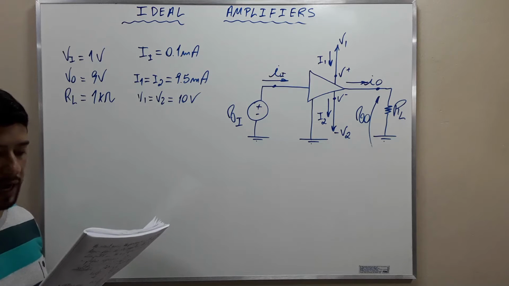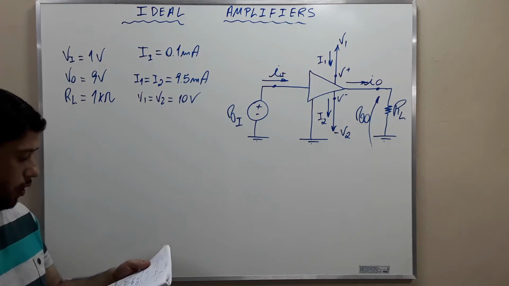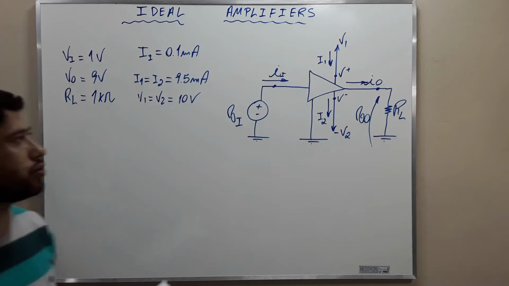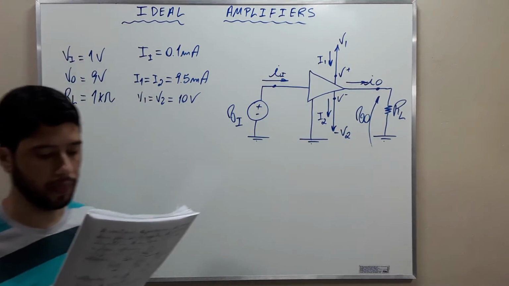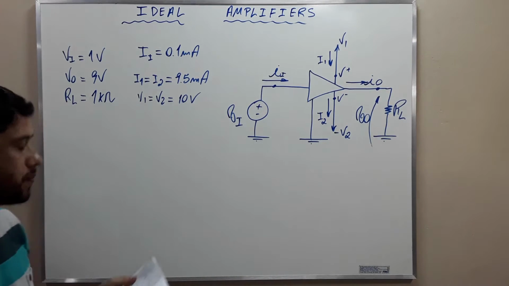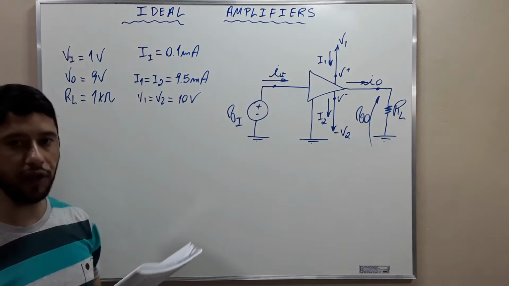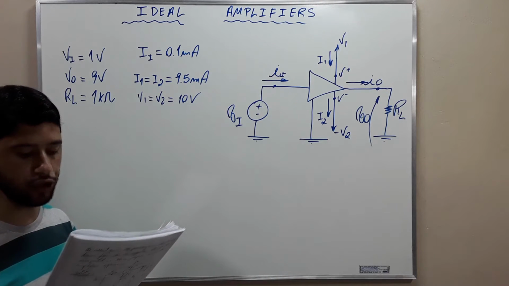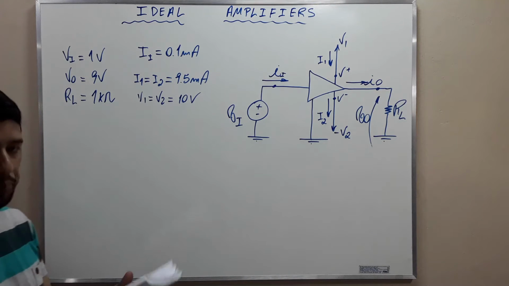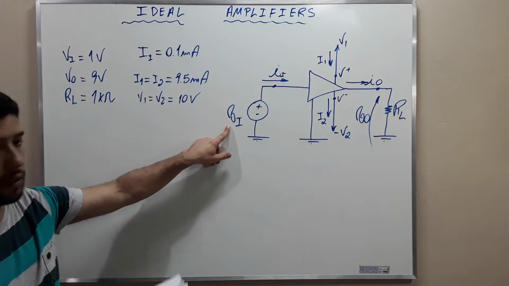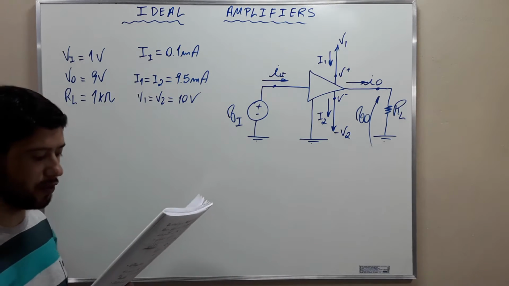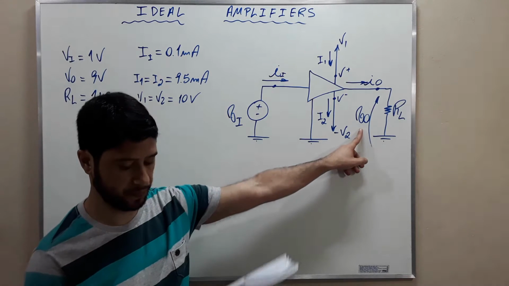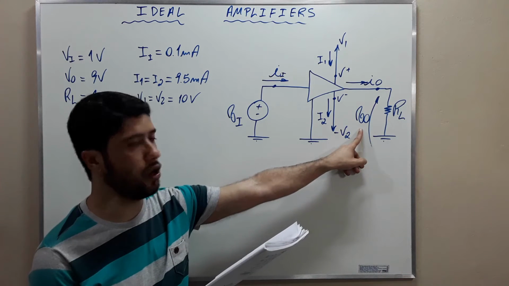Consider an amplifier operating from plus minus 10 volts power supplies. It is fed with a sinusoidal voltage having 1 volt peak, and delivers a sinusoidal voltage output of 9 volts to a 1 kilo ohm load.